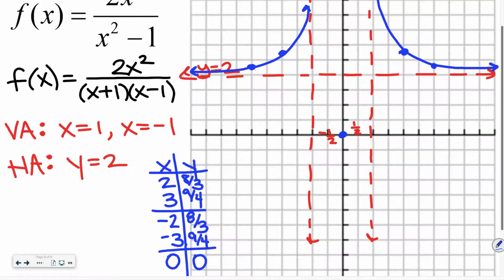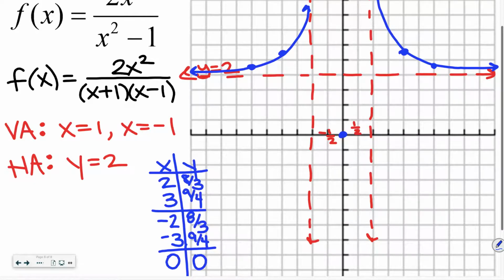We could have a graph that snakes through like this, similar to a cubic function, but in between asymptotes. Or it could turn around like a U. It could go through the horizontal asymptote or turn around like a U.